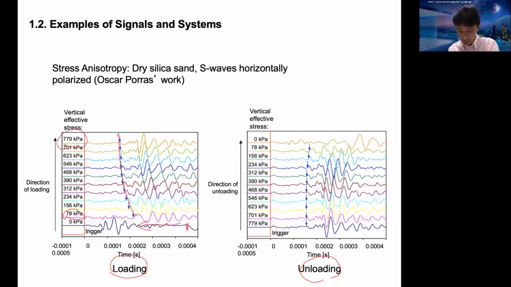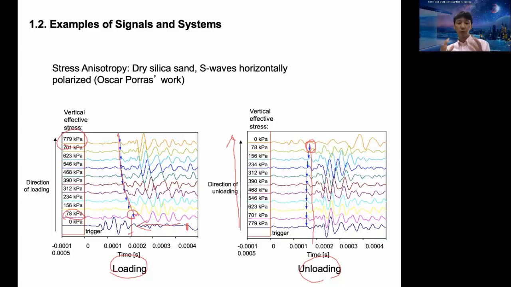And when you unload it from 779 kilopascal, it's still in here, so it doesn't go back to the original position. It was about 0.0002, and still it's much faster than the previous loading cycle. This is called the stress anisotropy.